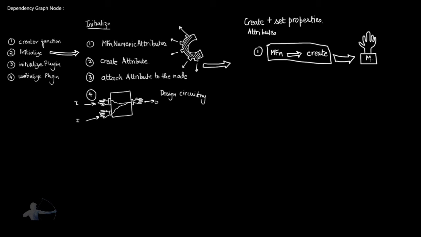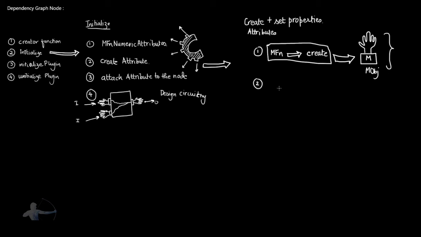This is what it's going to return us, MObject. So far we have heard that MPlugs are the way to access the attributes. But yes, while we create the attribute using the create function of the function set, it gives us an MObject. Now we would need something to store this returned MObject.